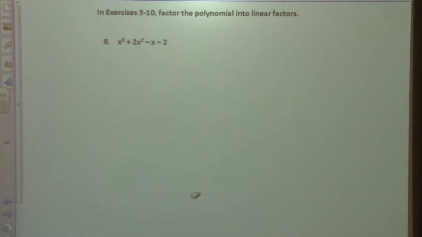But one thing you can do is do something called factoring by grouping. And what you do is you can take this x cubed plus 2x squared as a group, and then you take this negative x minus 2 as a group. And then what you do is factor out what you can out of this.